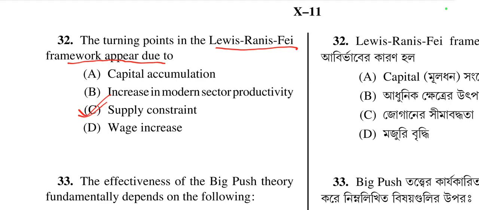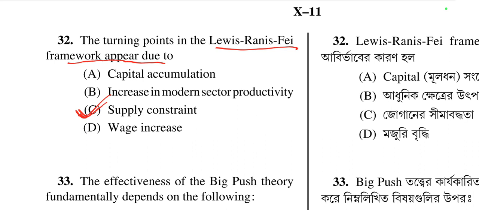Initially there is a surplus of labor in the agricultural sector, which allows the modern sector to grow without raising wages. However, turning points arise when this surplus labor is absorbed, leading to labor scarcity in the agricultural sector and consequently wage increase in the economy. So this is related with supply constraint.